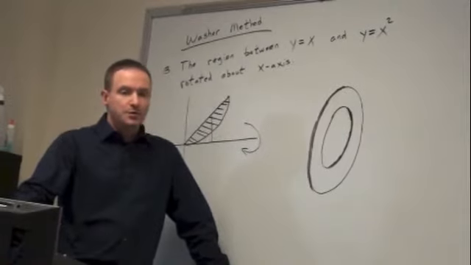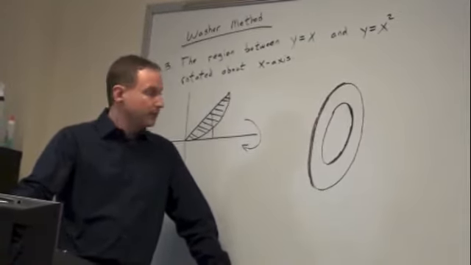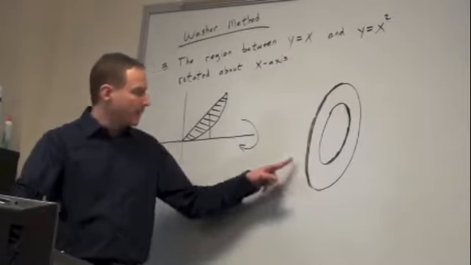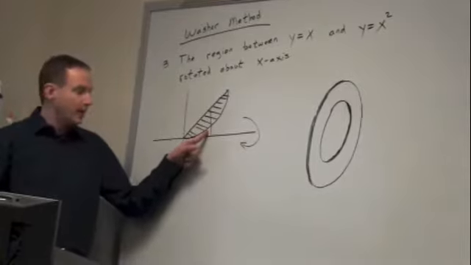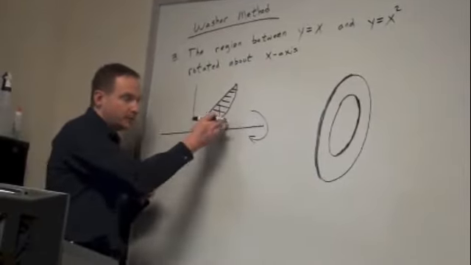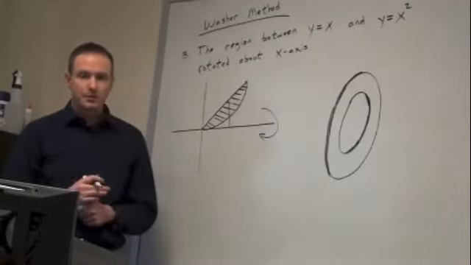So in this washer, I'm trying to think, what do I need to account for? It's this exterior region that I want. That's where the volume's at. I want to hollow it out in my formula because in actuality, that's what happens. I don't want the inner, I want the outer region.